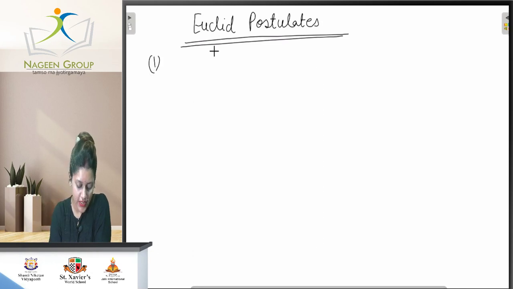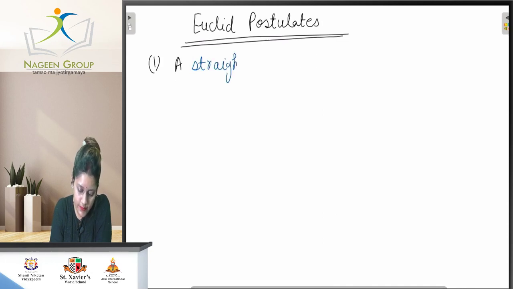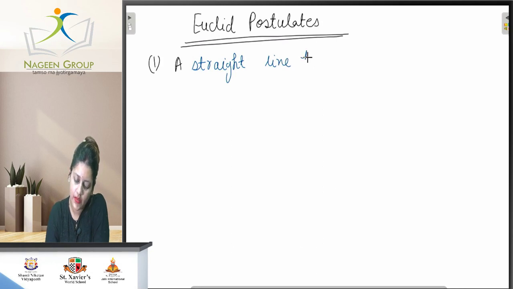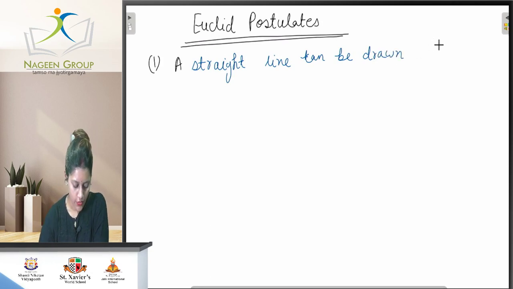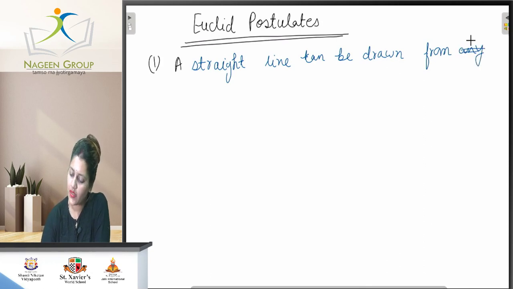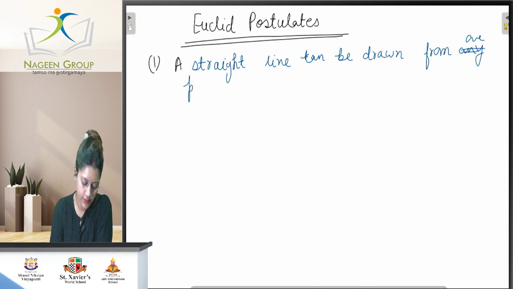So the first one is a straight line can be drawn from any one point to another point.